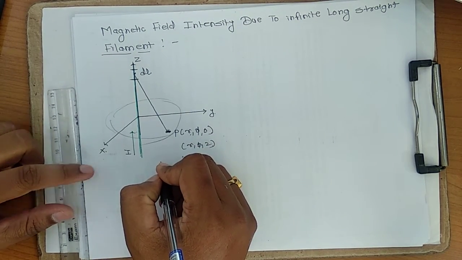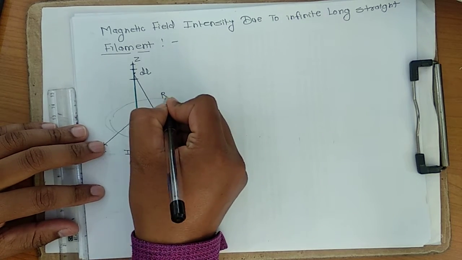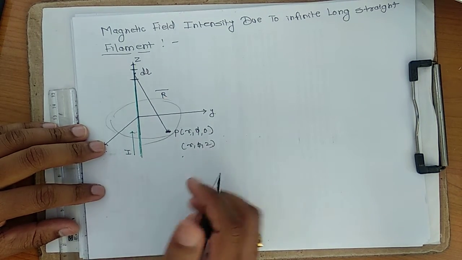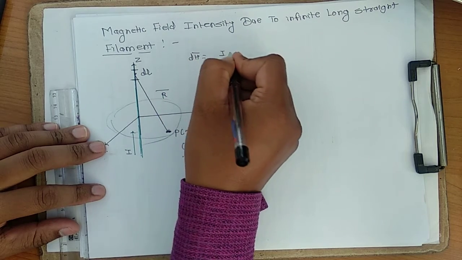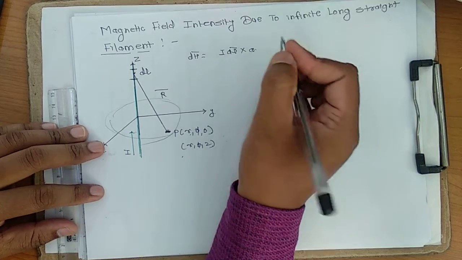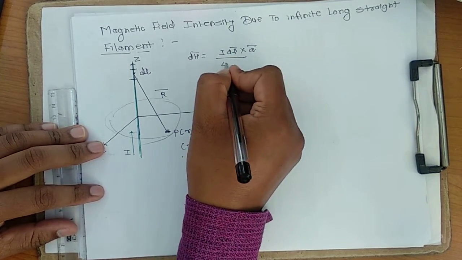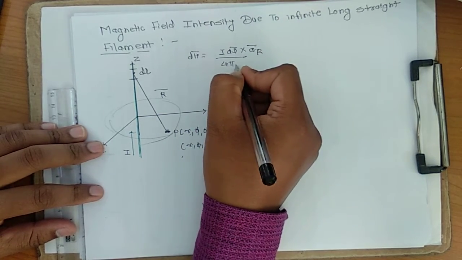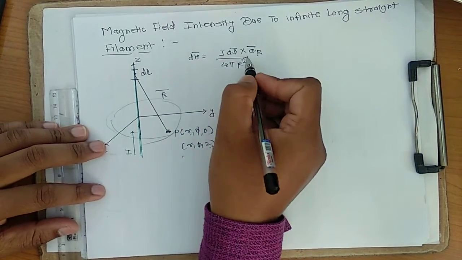Now for finding the magnetic field intensity, we require this R bar, because in the Biot-Savart's law we have studied dH bar. What is dH bar? dH bar is equal to I dL bar cross aR bar divided by 4 pi R squared.